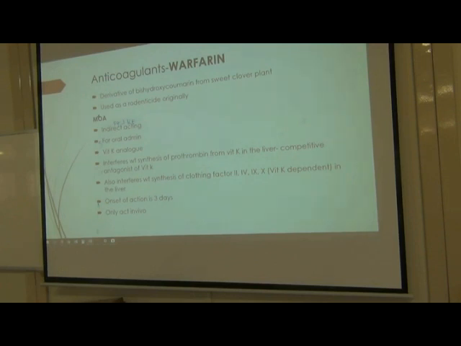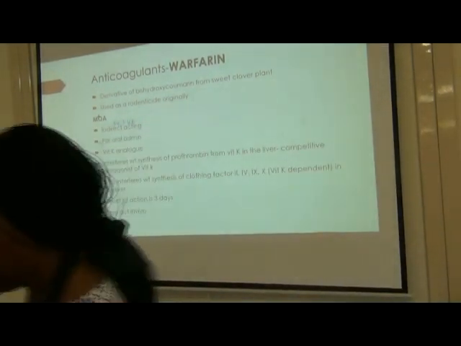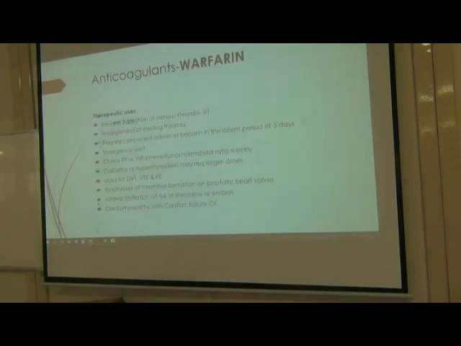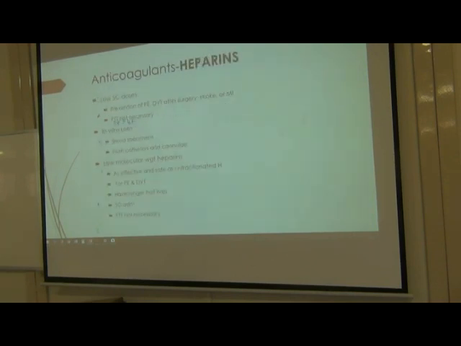Okay, so it's a very, very long story. So vitamin K, you guys remember your clotting factor and all of that. It's very essential to form a blood clot. So that's why you would say warfarin is acting indirectly.